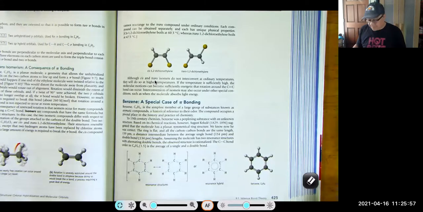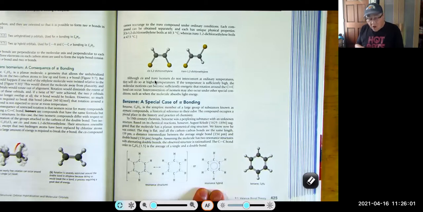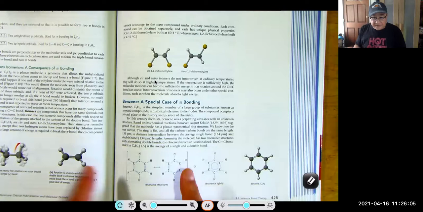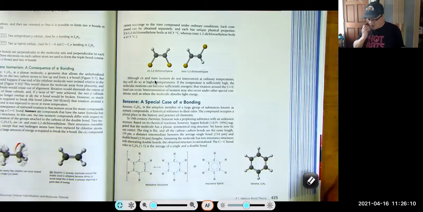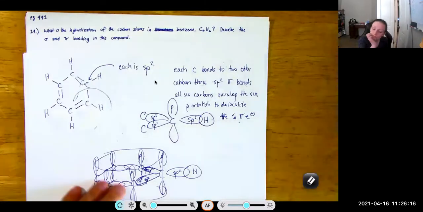Okay. So this is one of the molecules where you can actually draw the resonance hybrid instead of saying, hey, it's an average of these 2. Okay. So that's number 14.